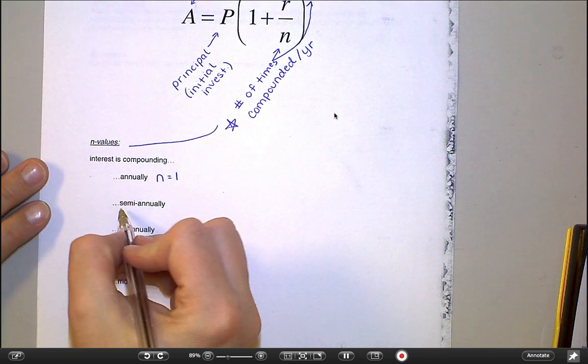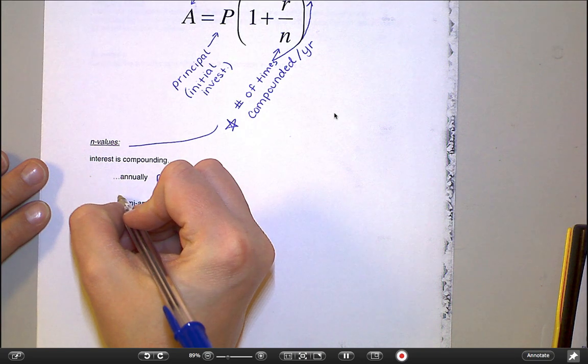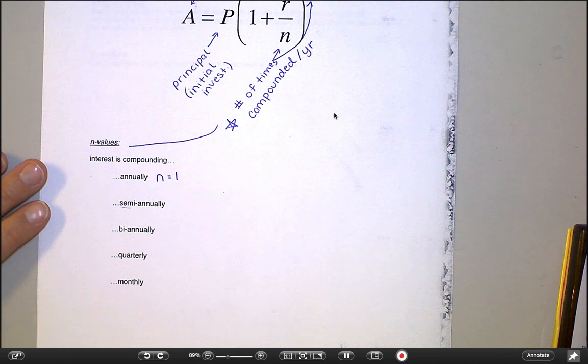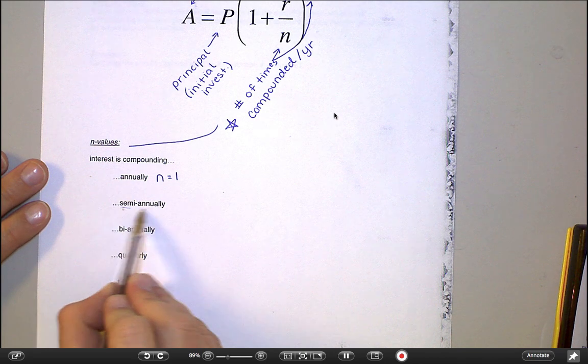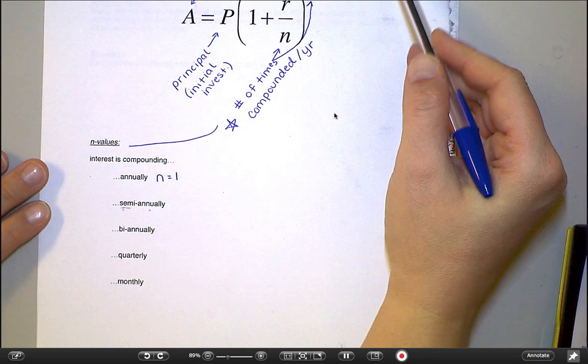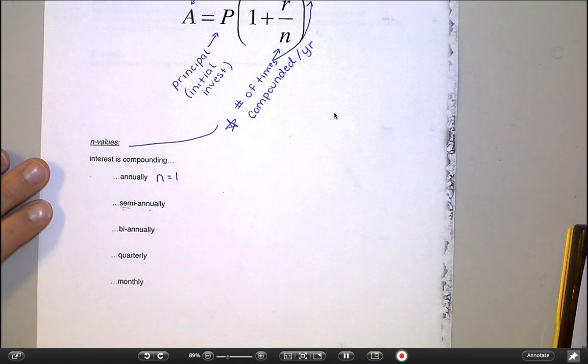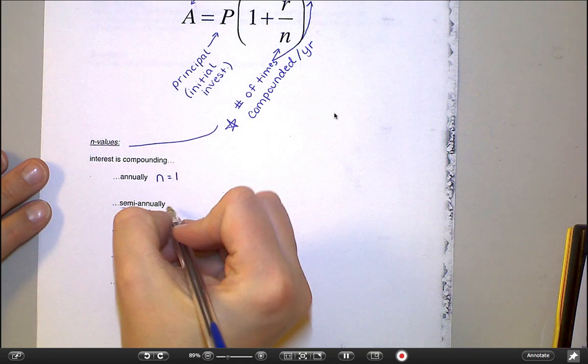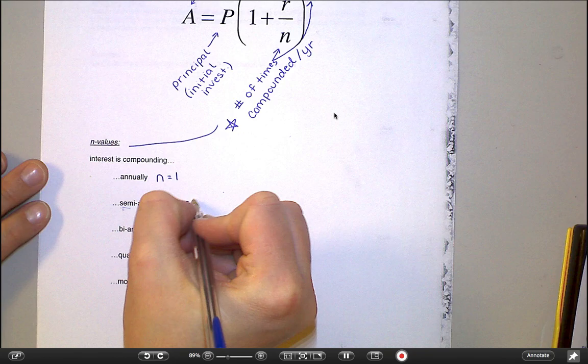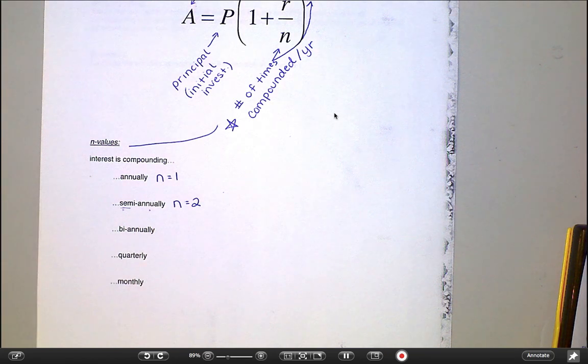Semi-annually, semi always means half. So this means halfway through the year, like that example that I did up at the top, but that means that you're compounding twice a year. So you actually want to use the number 2. You're not using 1/2, you're using 2 because you're doing it twice a year.